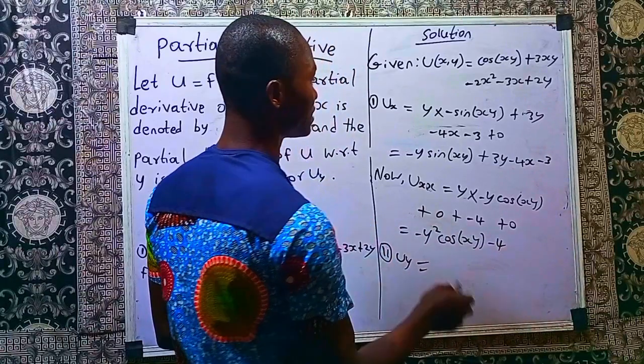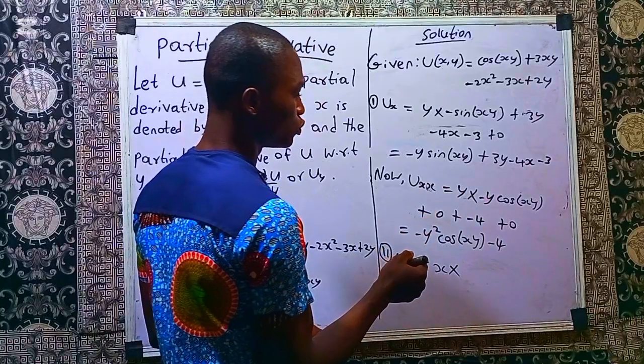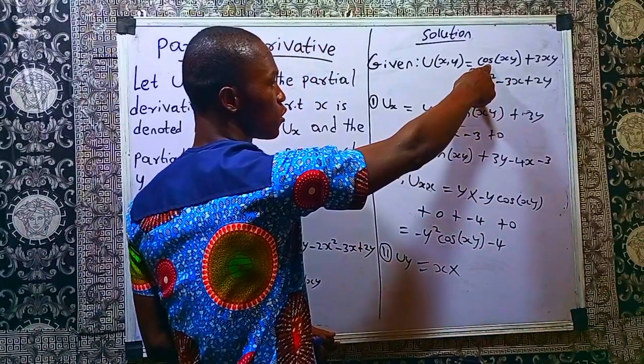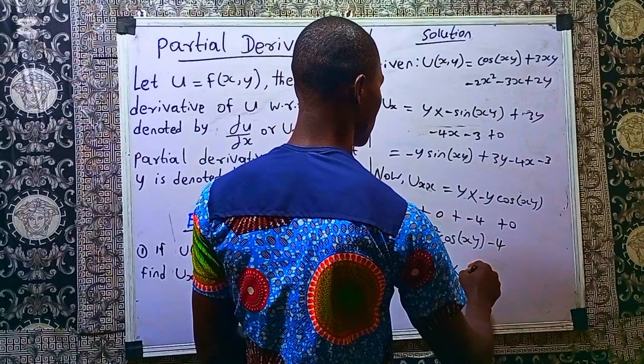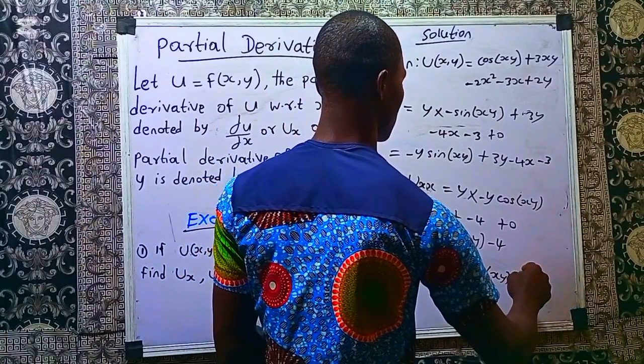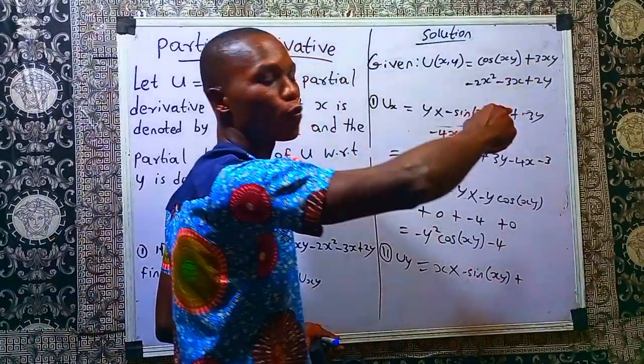So you get x times, to differentiate the trig, differentiate cos, what will you get? Negative sine, negative sine xy.